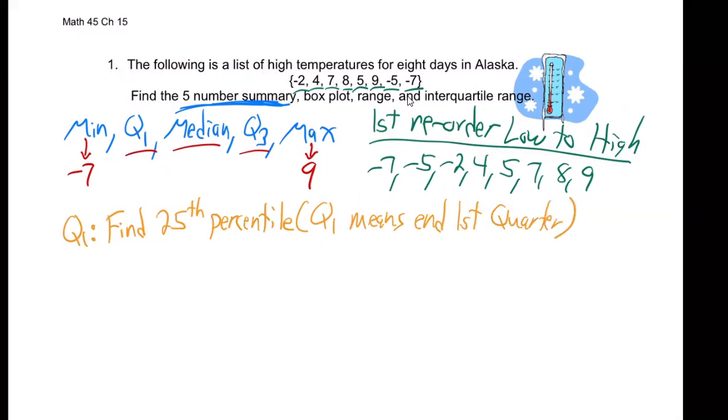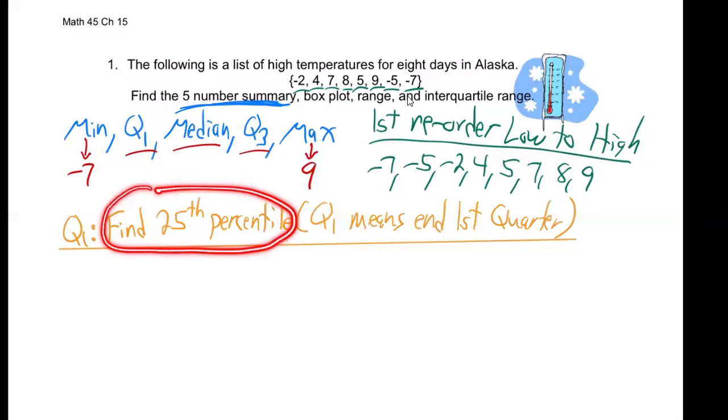If you're watching a football game or a basketball game and it's the end of the first quarter, you know the game is 25% over. So that's what Q1 is.